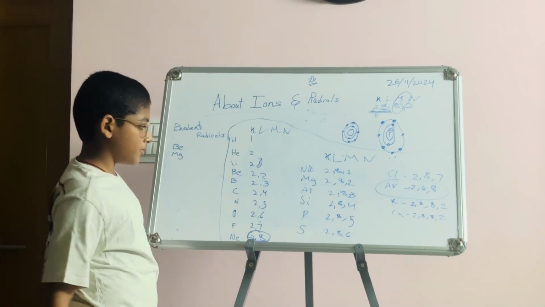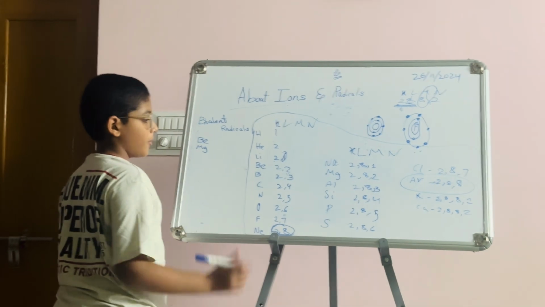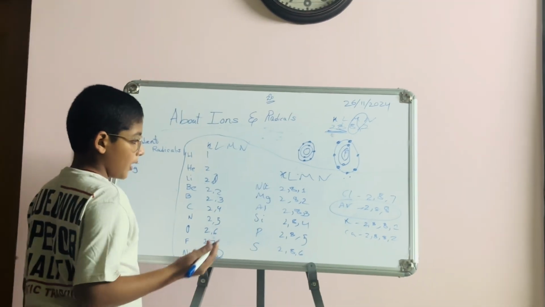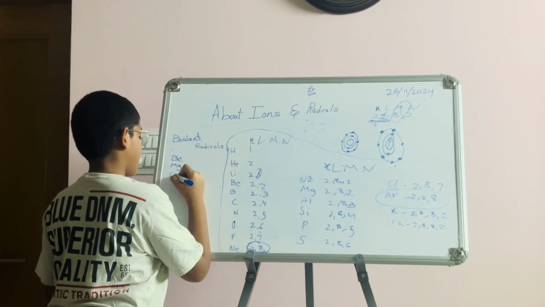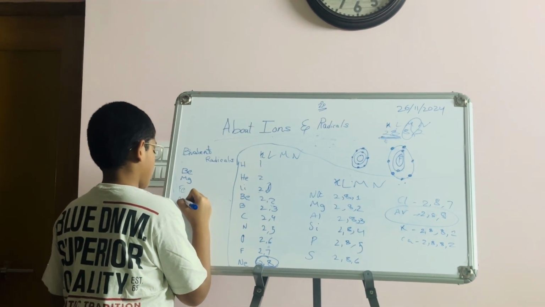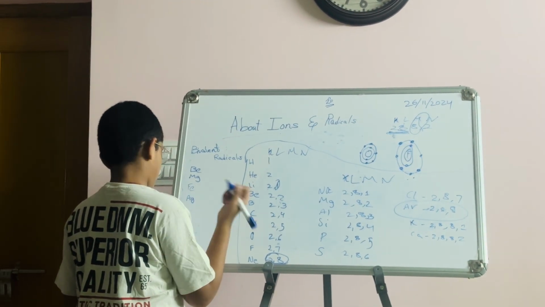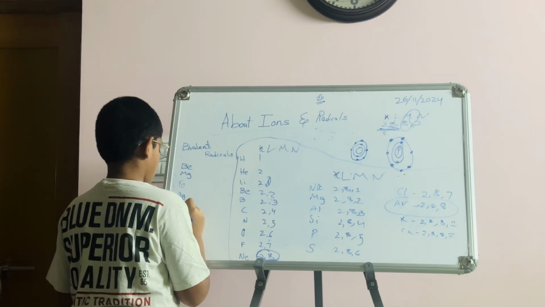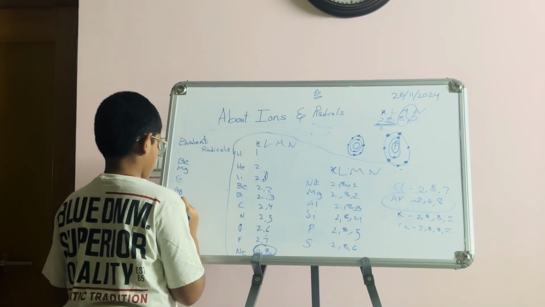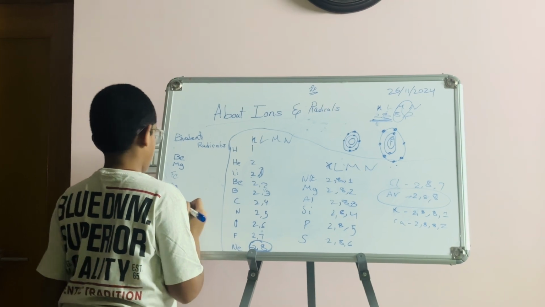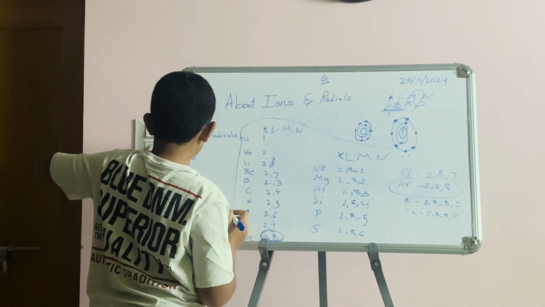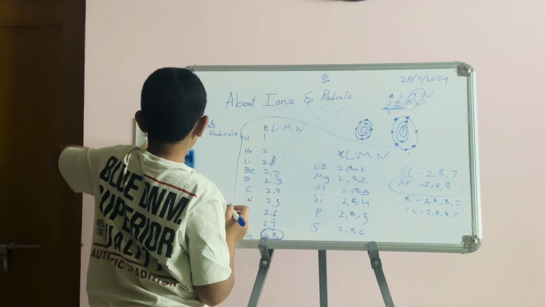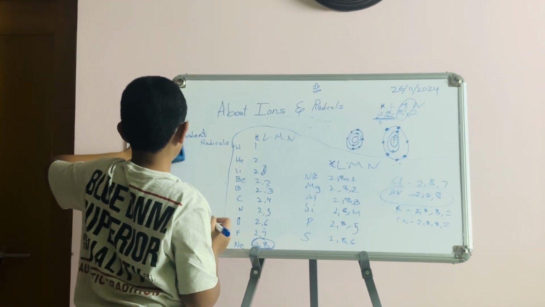There are a few metals with variable valency, and I'll talk about those later. Iron, silver, copper, and so on. These are only a few examples that I am giving you. There are many more examples.